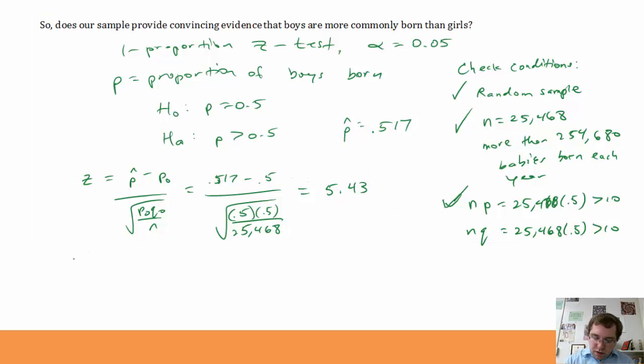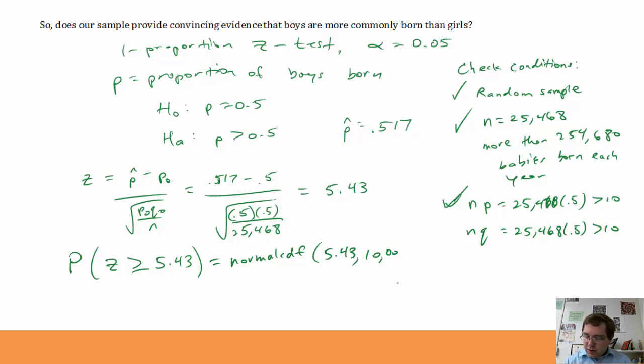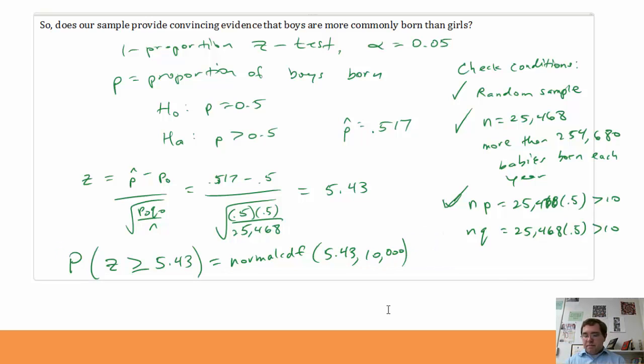So, we then find the probability, capital P, of Z being greater than or equal to 5.43 if the null hypothesis were true. How are we going to find that probability? Normal CDF of 5.43 to, say, 10,000 with a mean of 0 and a standard deviation of 1.